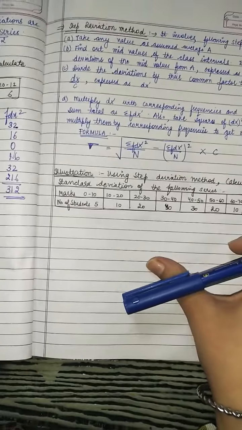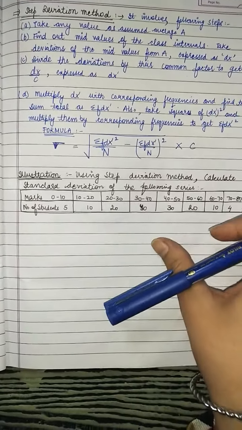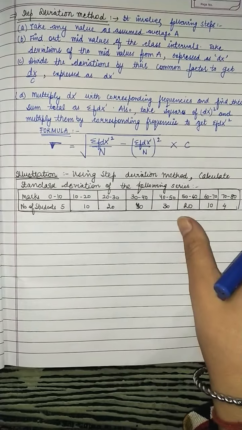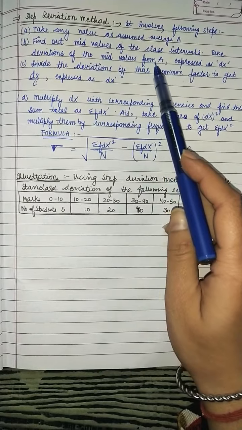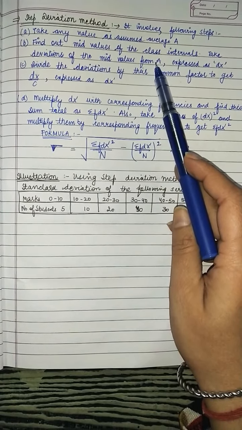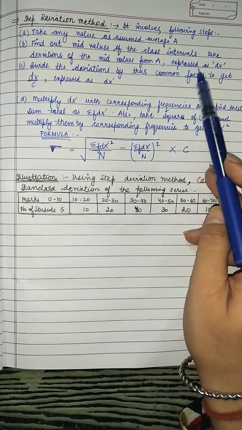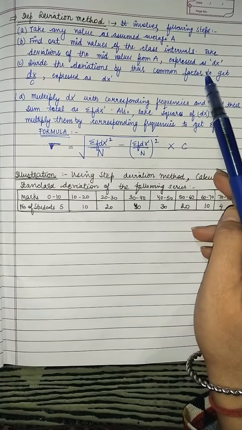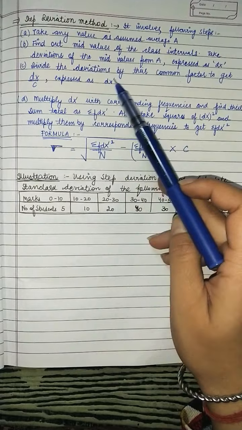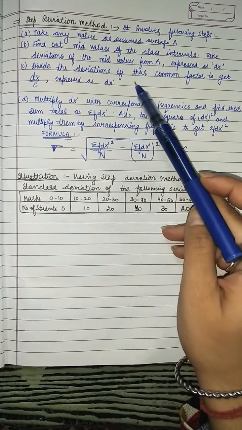Next, we are having the step deviation method. It involves the following steps. Take any value as assumed average. Then calculate the mid value and calculate the deviations from mid value and express it as dx. Then divide the deviations by their common factor, that is dx upon c. It is expressed as dx dash.